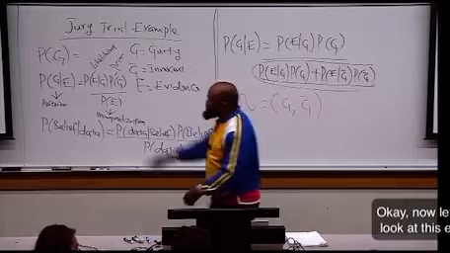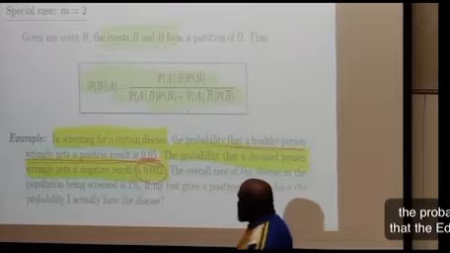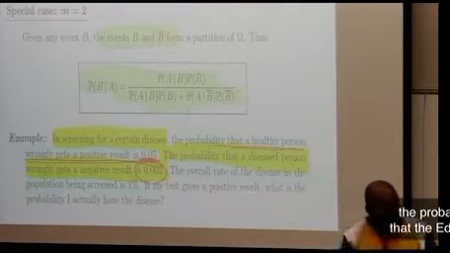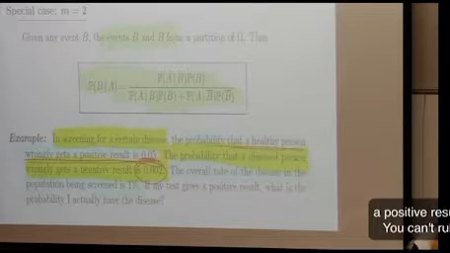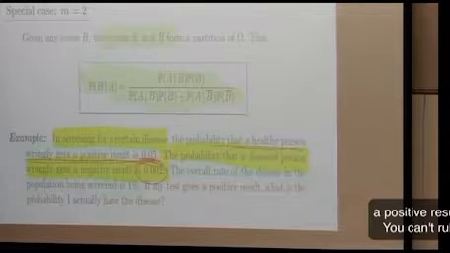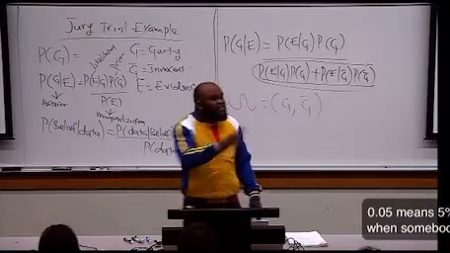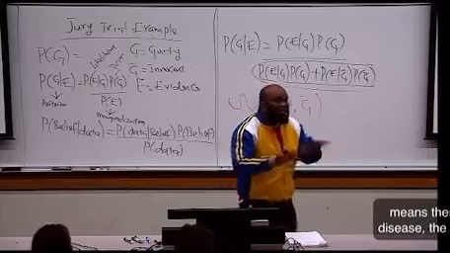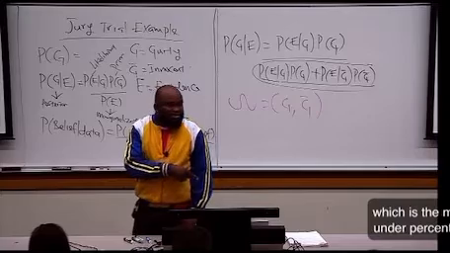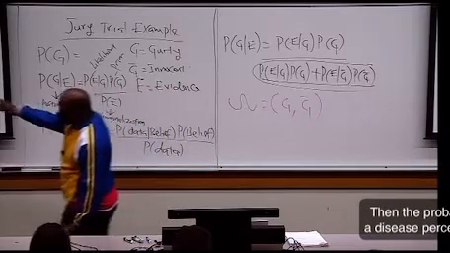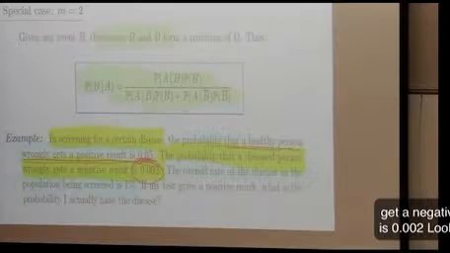Now let's take a look at this example. In screening for a certain disease, the probability that any person wrongly gets a positive result is 0.05. 0.05 means 5% of the time when somebody has no disease, the machine is going to say it's positive, which means the machine is not 100% efficient. Then the probability that a diseased person wrongly gets a negative result is 0.002.